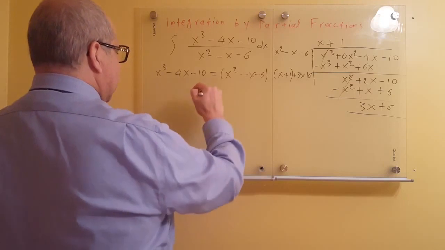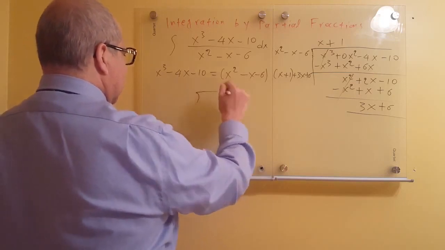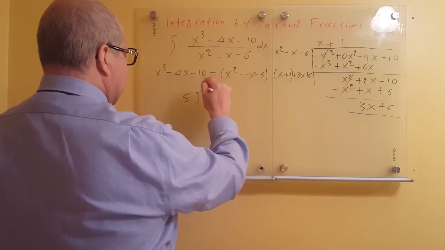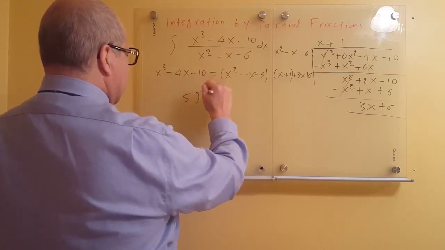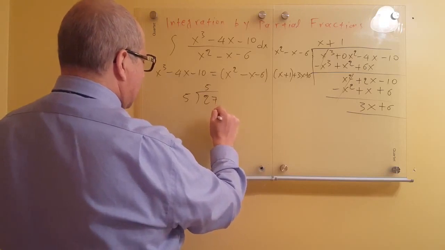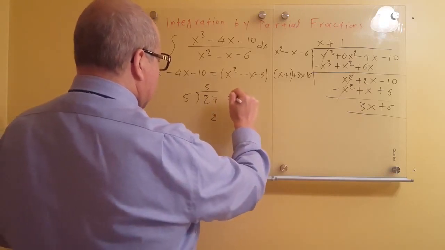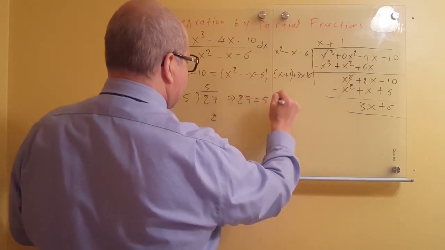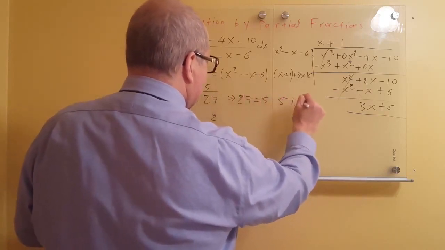Let's say you have 27 and you divide it by 5. Of course, it gives you 5, and the remainder 2. So that's why you write 27 equal to 5 times 5 plus the remainder.